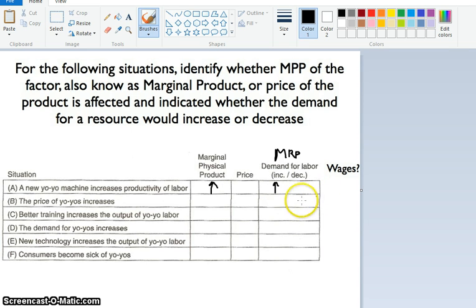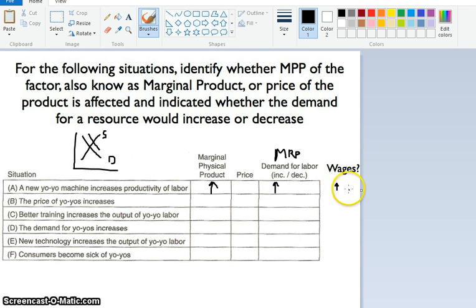So now let me ask you this. If this is your demand for labor, right? Your MRP that we just did before, and this is your supply for labor, let's assume, and the demand increases. Now notice, this is the market for labor here. So now what happened to the price or the wage of labor? It increased as well.